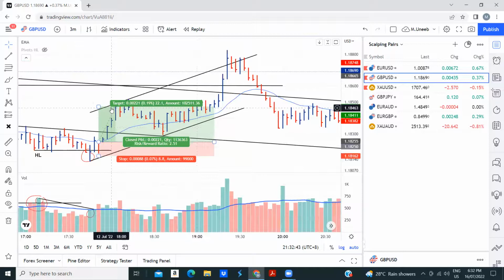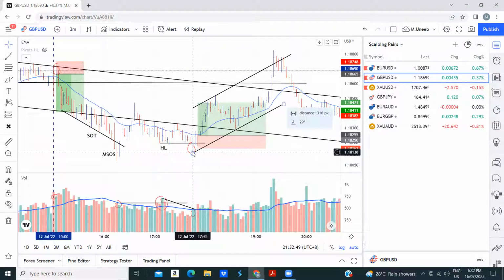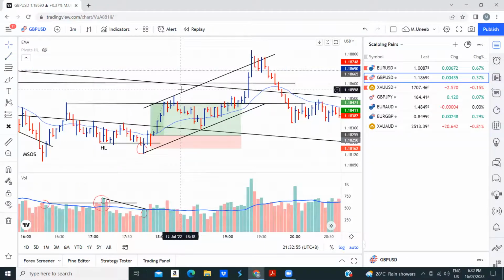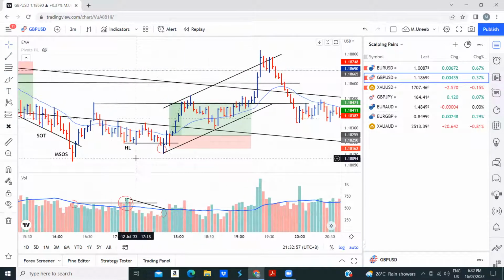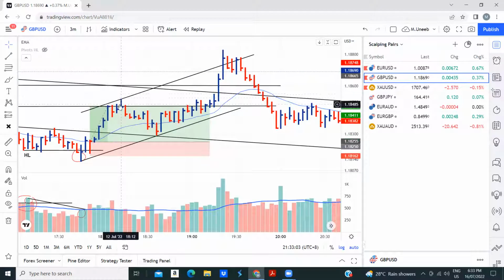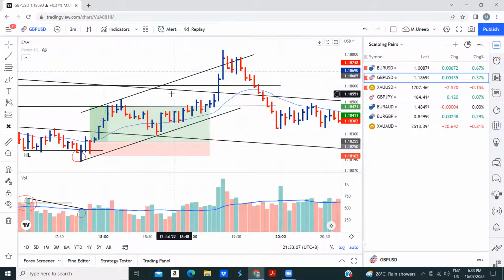And now what happened? Obviously, what do we have? If this is MSOS, this is the secondary test, this is spring. After spring, what happened here? This area. The price just tried to break it but failed. Okay. Got it?